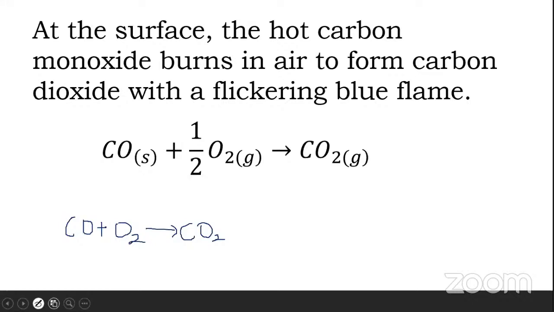Once you do that, this carbon monoxide formed in the charcoal stove will not burn. It will remain carbon monoxide, and carbon monoxide is not good for our health. It will cause suffocation, and eventually you will die.